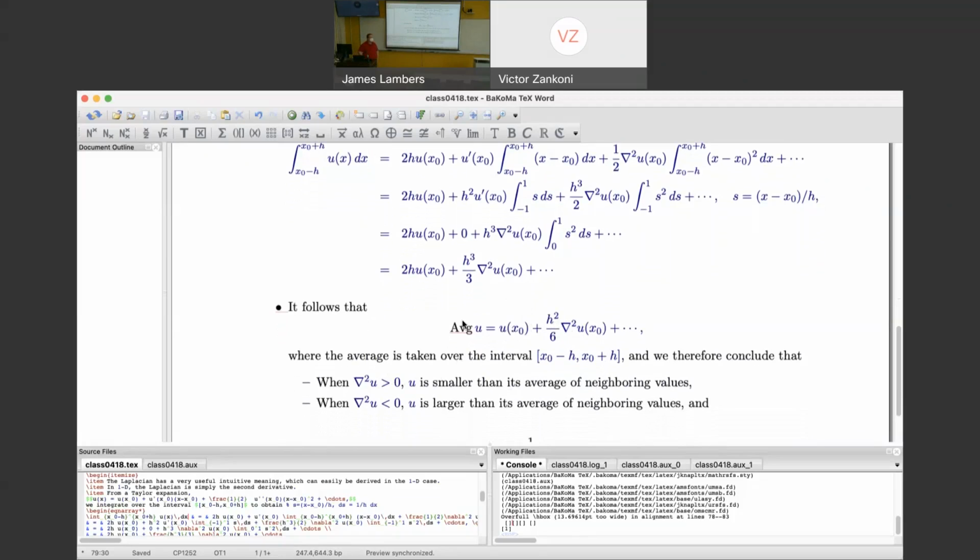Therefore, the average has to be greater. Similarly, if the Laplacian is negative at a point, then the value of u at that point is greater than the average of its neighboring values. And finally, if the Laplacian is equal to 0, then u is equal to the average.